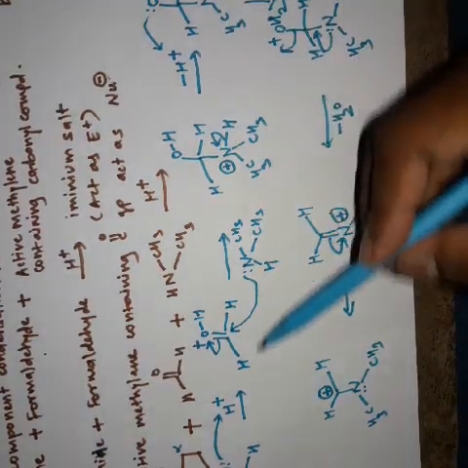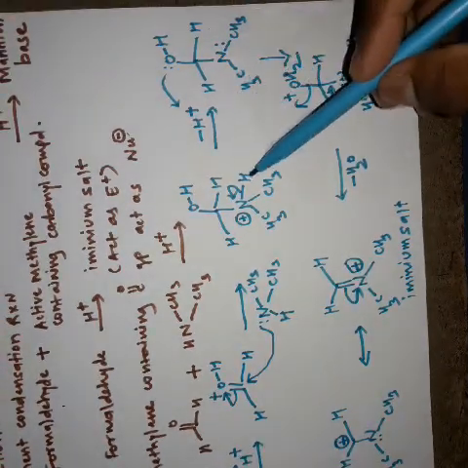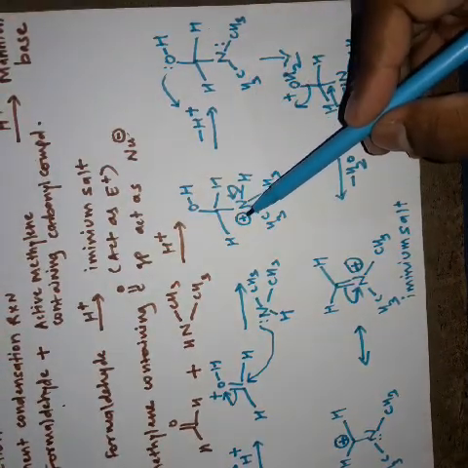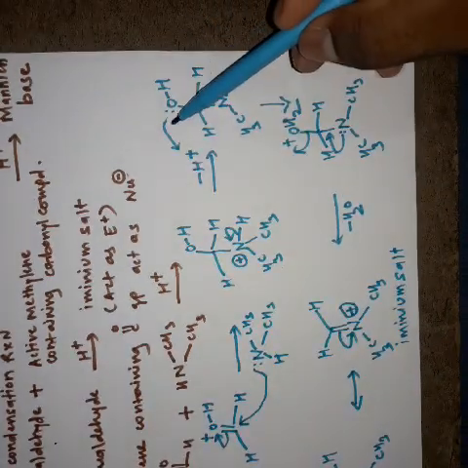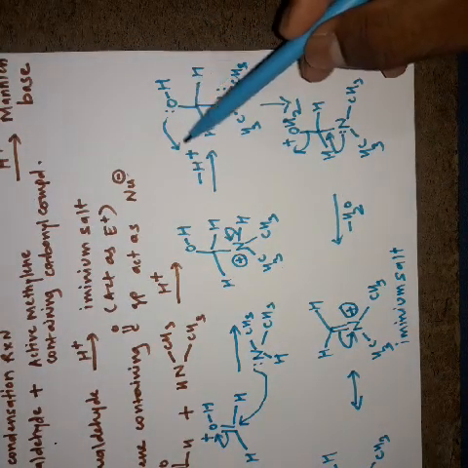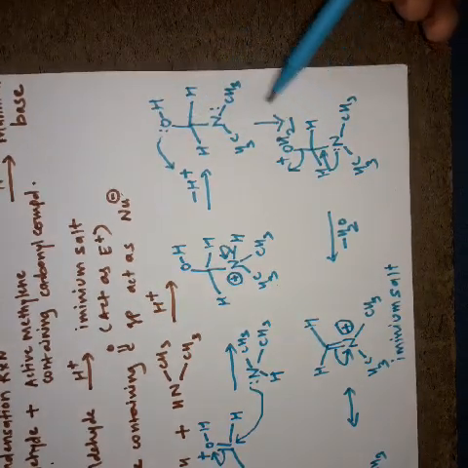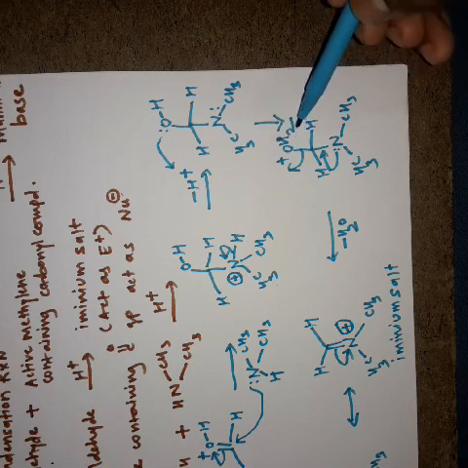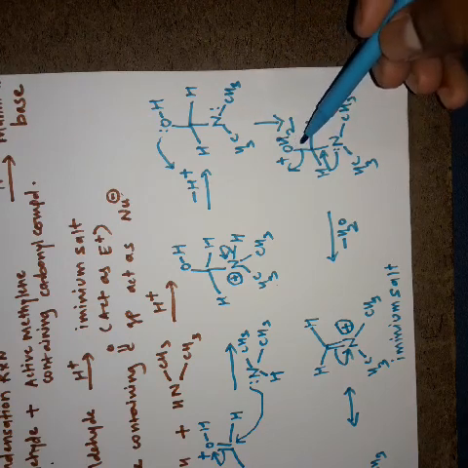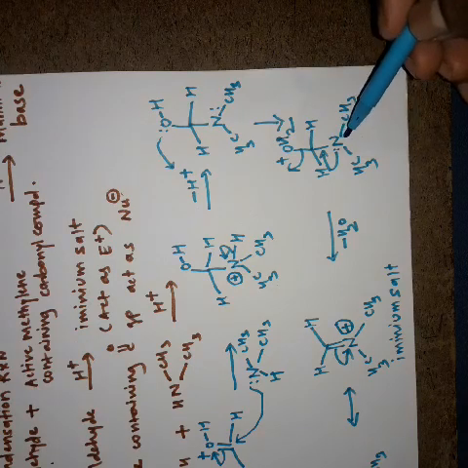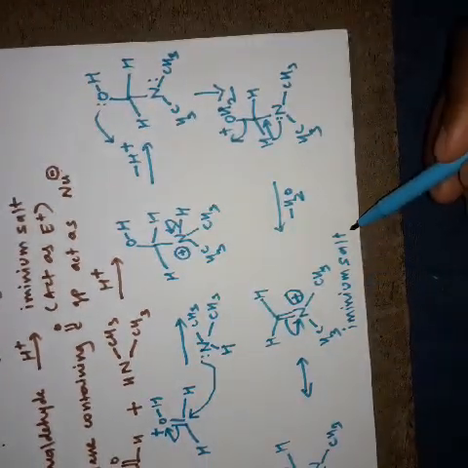Since the system has used H plus, this is the time to remove H plus. So in order to stabilize nitrogen's positive charge, H plus will get eliminated, and then the oxygen lone pair will accept that H plus to become a leaving group as a water molecule. To remove that water molecule we need a force, which will be provided by the nitrogen's lone pair, so we get the iminium salt.